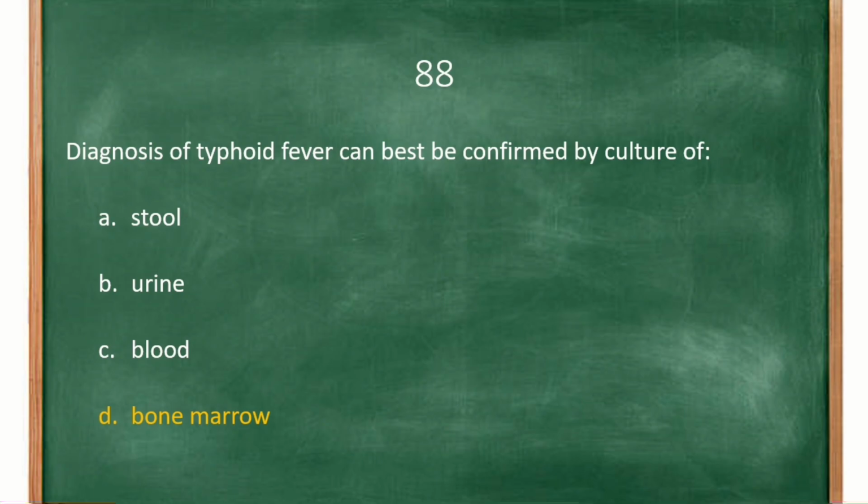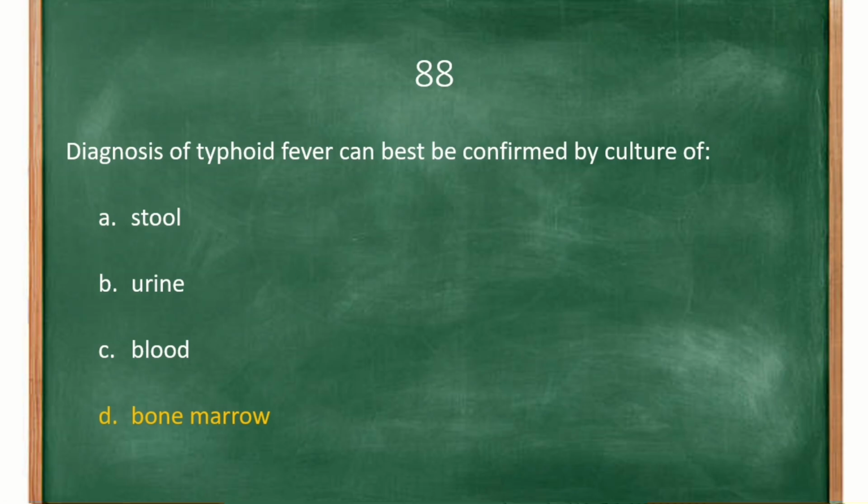Even in cases where you have blood culture being negative, you realize that bone marrow will actually be more revealing. And so it's particularly useful for diagnosing typhoid fever in cases of prolonged illness or when the culture has failed to yield results. So blood culture is also useful.